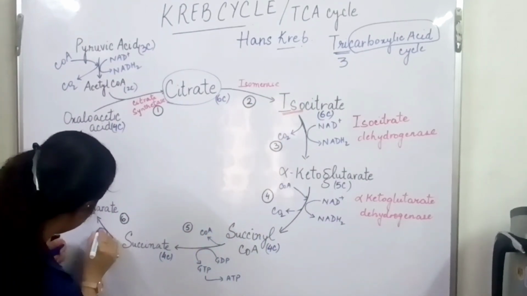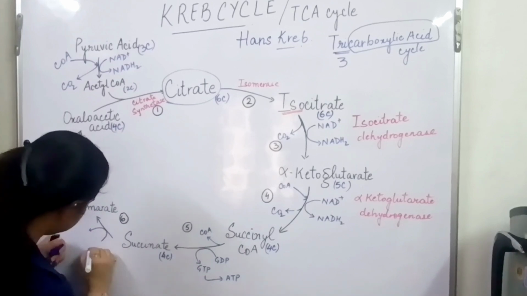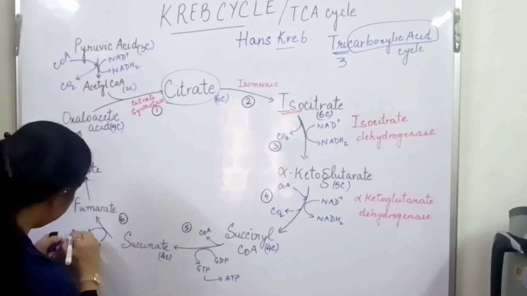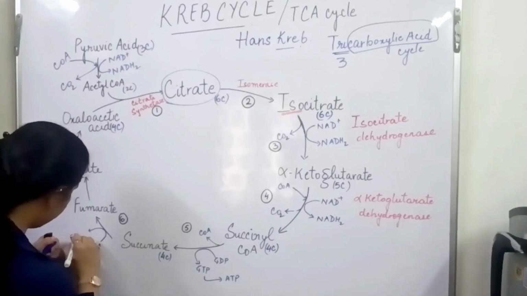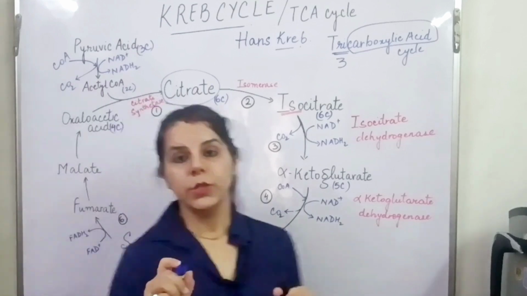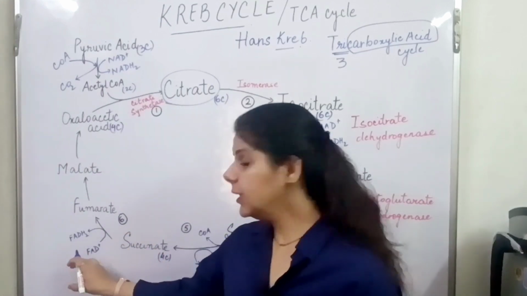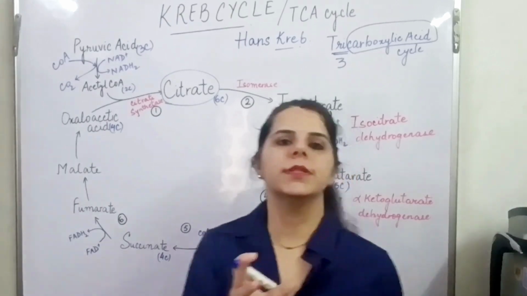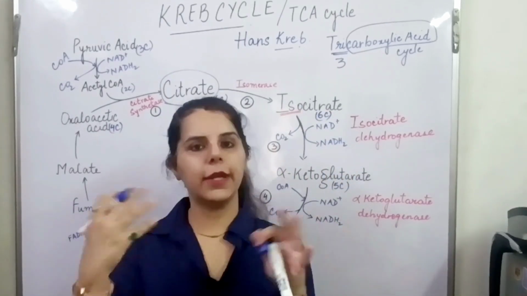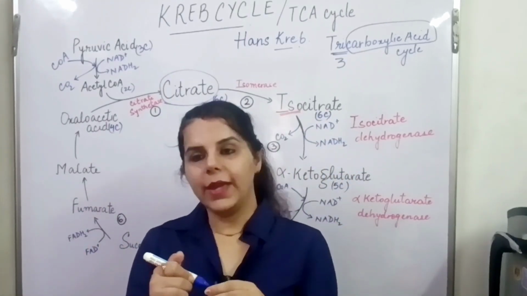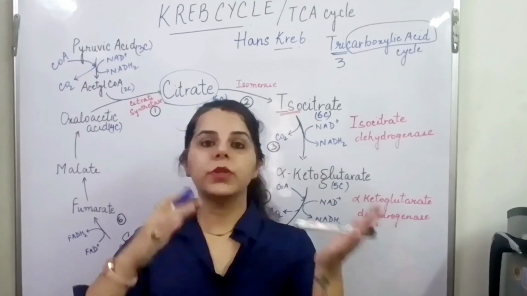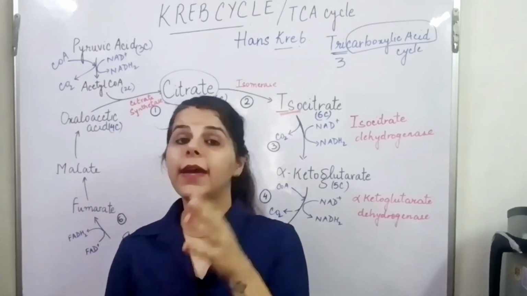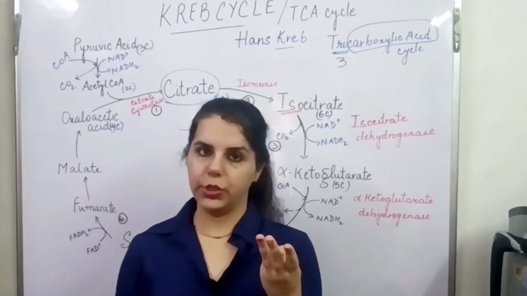Now here, FAD will be reduced to FADH2. So as you can see, FAD is reduced to FADH2. Now there is a difference between NADH2 and FADH2. Now NAD will reduce to NADH2 and will give 3 ATP molecules.